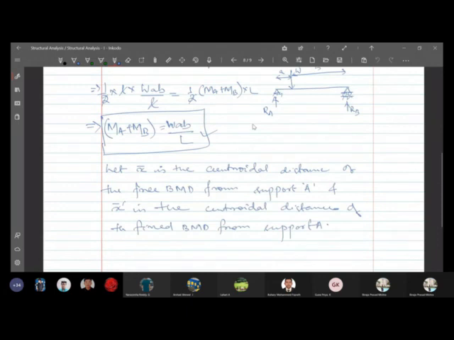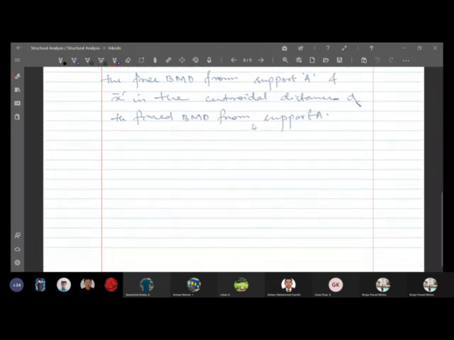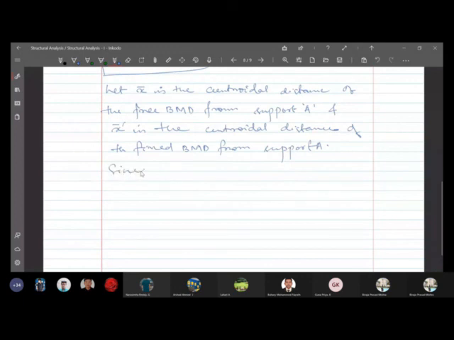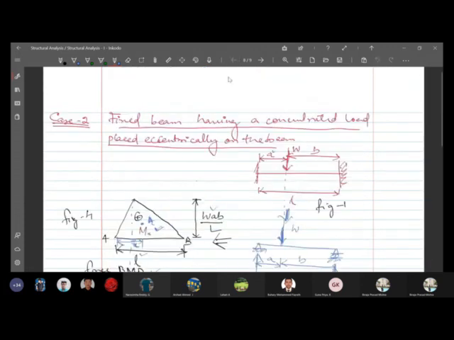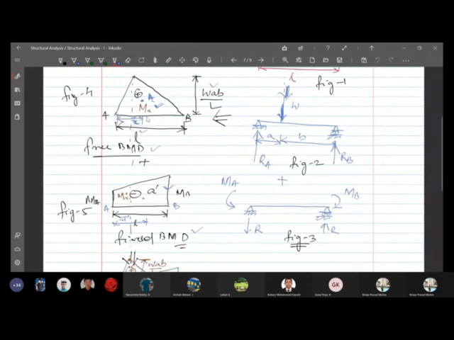So since x bar equals x bar dash, can I write x bar equals L plus A by 3? Analyze this one.